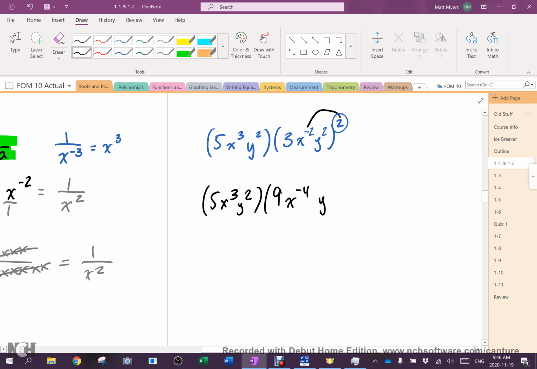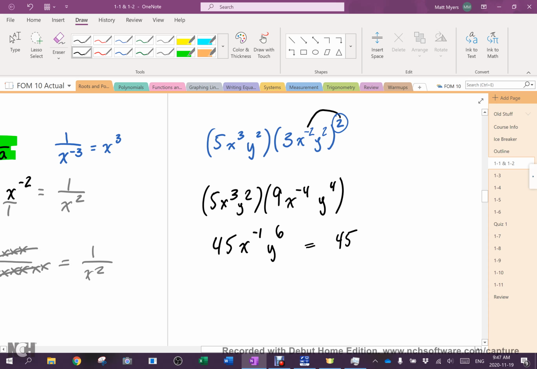And y to the 4. Then what would you do? Combine the two, so it would be 45, x to the what? Negative 1, right? Y to the 6th. Is that allowed? So how would you finish this off?